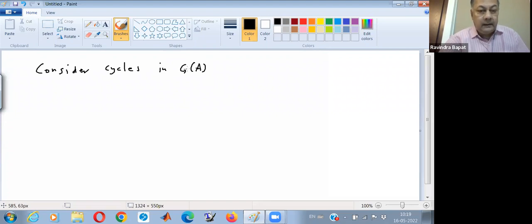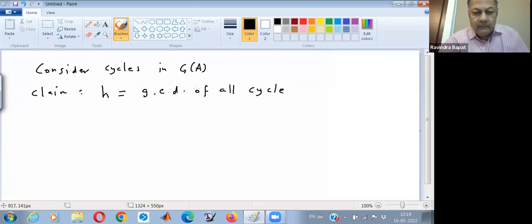I take the graph associated with A, and I claim this is a completely geometric way of describing H. H is the greatest common divisor of all cycle lengths in GA.